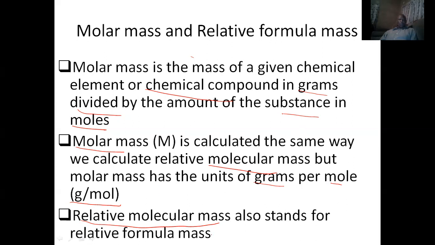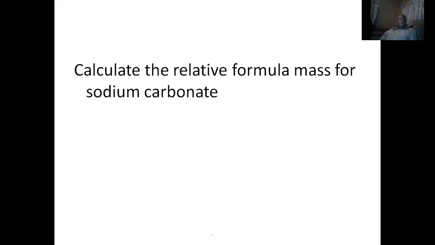And so we'll go through a few questions here to really understand the differences between molar mass and relative formula mass, which is also known as relative molecular mass. And here is our first question. Calculate the relative formula mass for sodium carbonate. As we know, the formula for sodium carbonate is this one here.